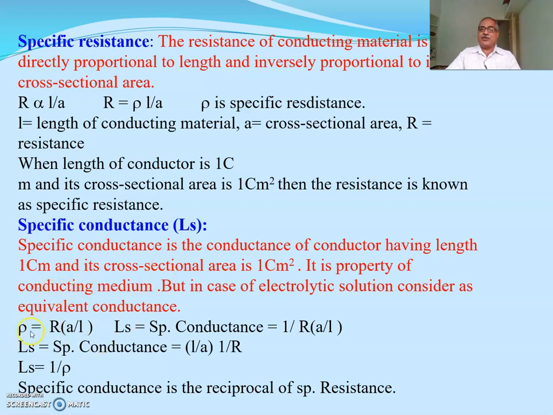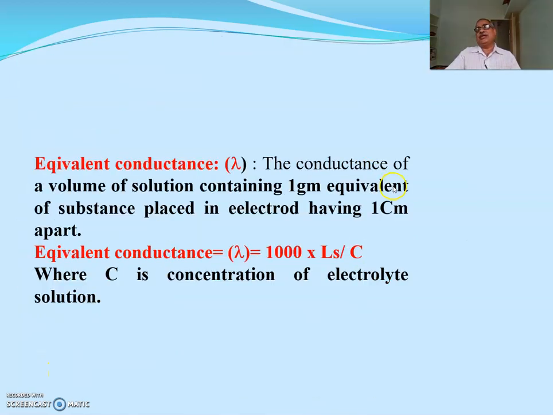So rho equals R A by L. Rearranging this equation, the denominator and numerator change, and specific conductance Ls equals 1 upon R into L by A, so specific conductance equals 1 by rho, the reciprocal of the specific resistance.